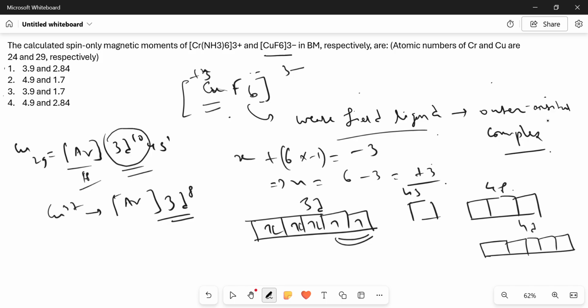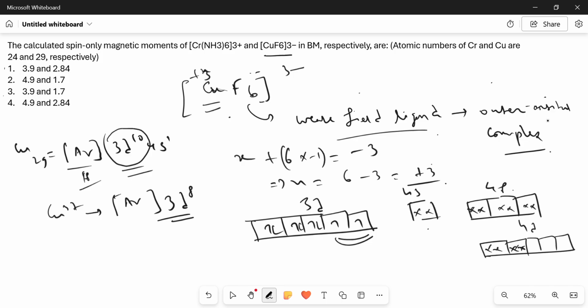Starting from 4s, why are we counting 6 boxes? Because 6 fluoride ligands are there, so we have to start from 4s and take 6 orbitals: 1 from s, 3 from p, and 2 from 4d.